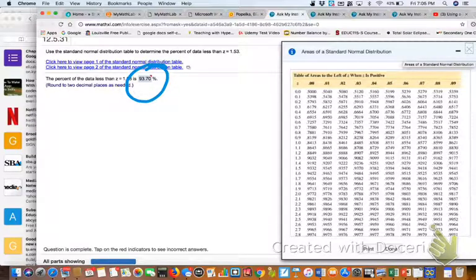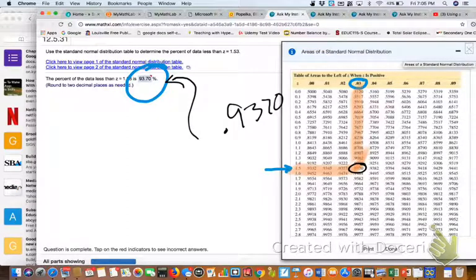Again, I'm going to remind you how I got there. I went to 1.5 right here, then I looked across the top and saw 0.03, and I saw where those two spots intersected, which is right here at 0.9370. 0.9370 is the same thing as 93.7%, because the way that you turn a decimal into a percent is to move the decimal 2 places to the right.